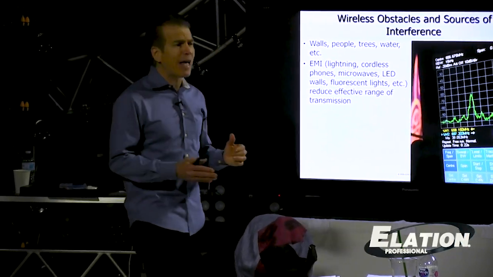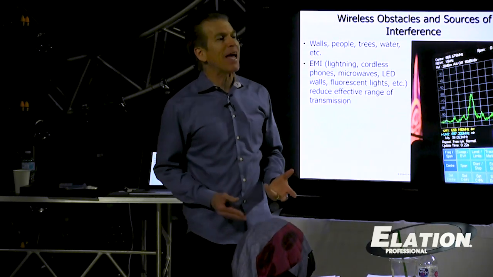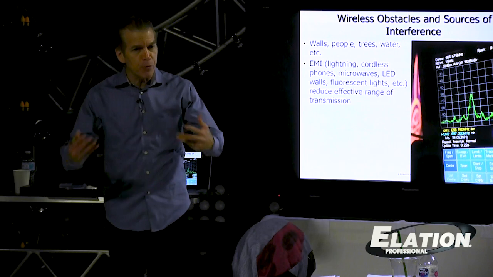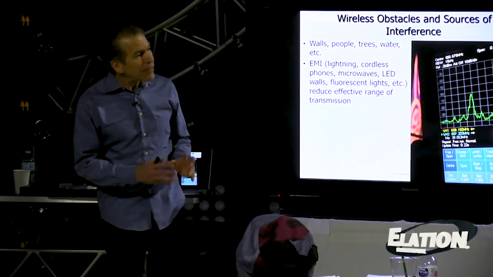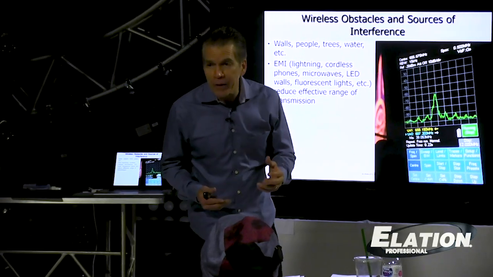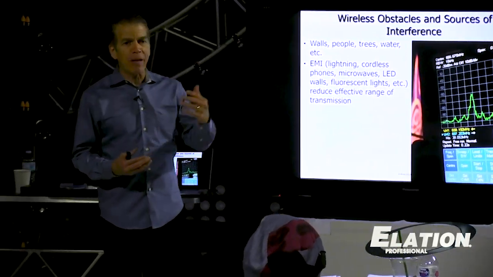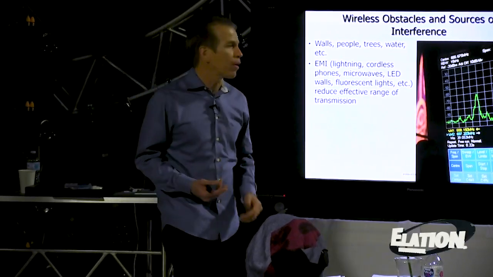Think of Wi-Fi as another form of light. Light will cast a shadow, and Wi-Fi can cast a shadow too. Things that block and absorb the energy from the signal will cast Wi-Fi shadows. Anything that has a lot of water in it will absorb more of the energy than things that don't. So things like plants, trees, and people that have high water content will block the signal more.